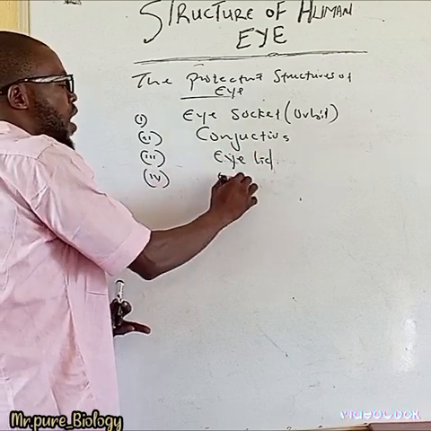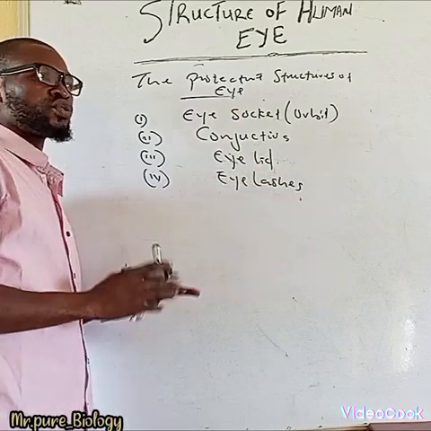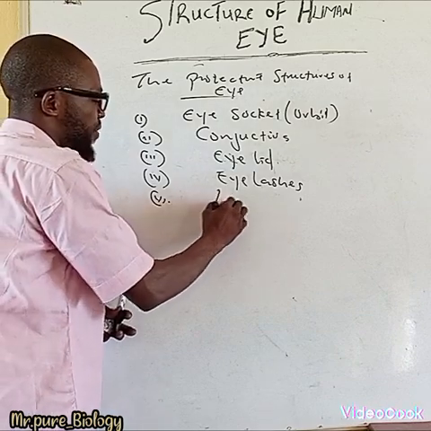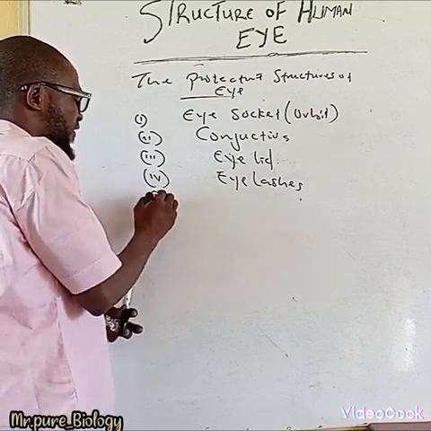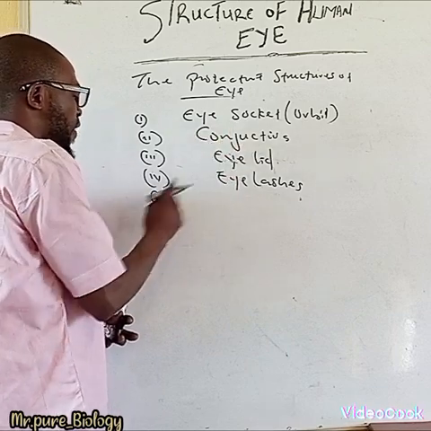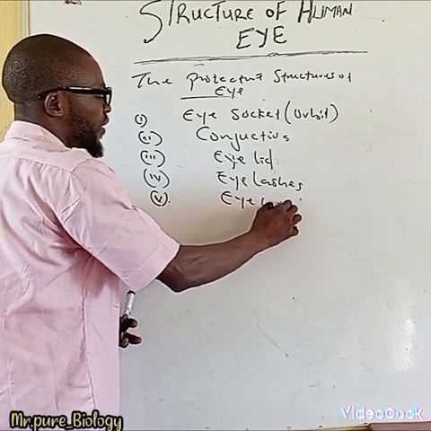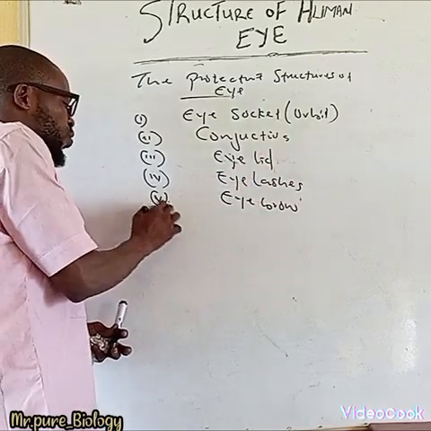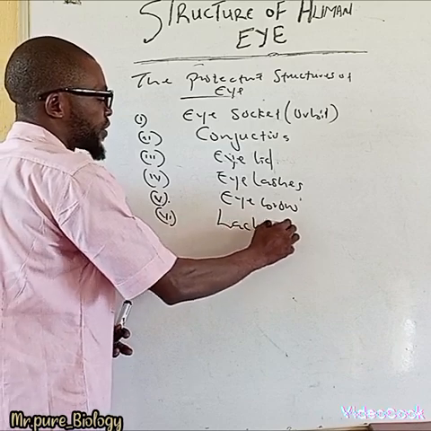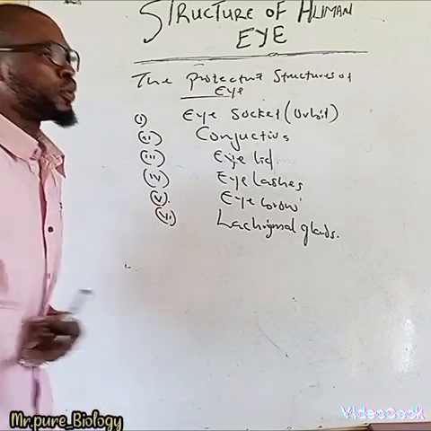Four, eyelashes, another protective structure of the eye. Five, the eyebrow. Then the last one, but not the least, the lacrimal glands. So these are the protective structures of the eye.